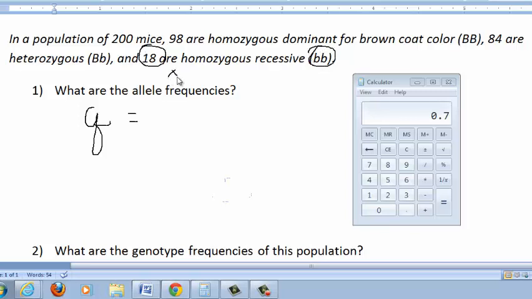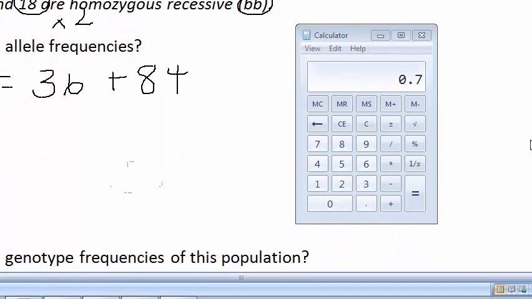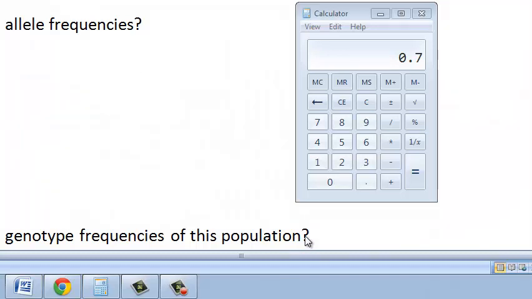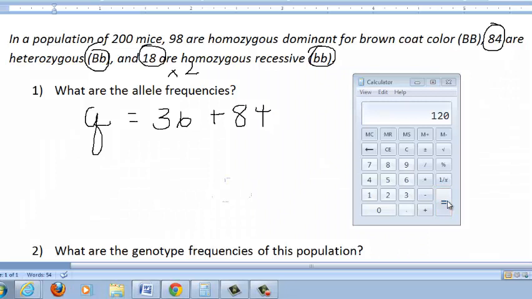So we're going to take 18 times 2, which is 36, plus the little b alleles that we find in our heterozygous individuals, each one of those giving 1, so 84. Let's go on our calculator. 36 plus 84 equals 120.